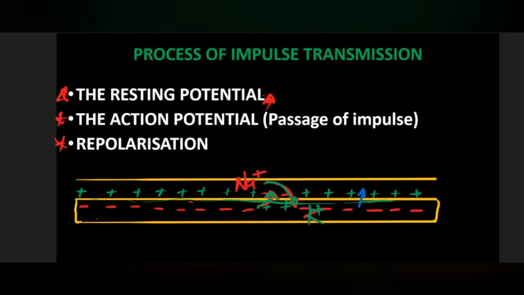So a sodium potassium pump that is located in the cell membrane brings about repolarization. When we have excess sodium here and excess potassium here, the sodium potassium pump will regulate these ions, thereby bringing about repolarization, making sure that the motor end plate of each of these synapses will be extended when they are close to the effector organ.